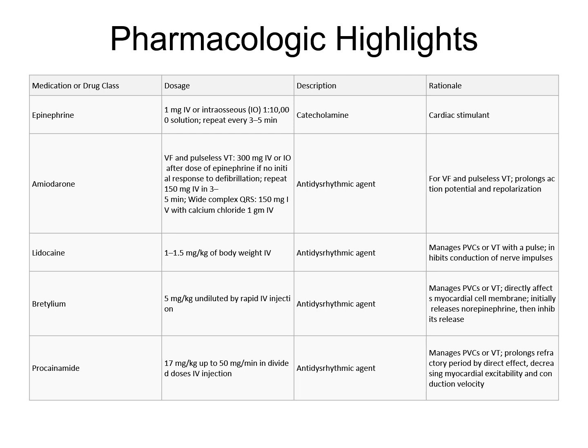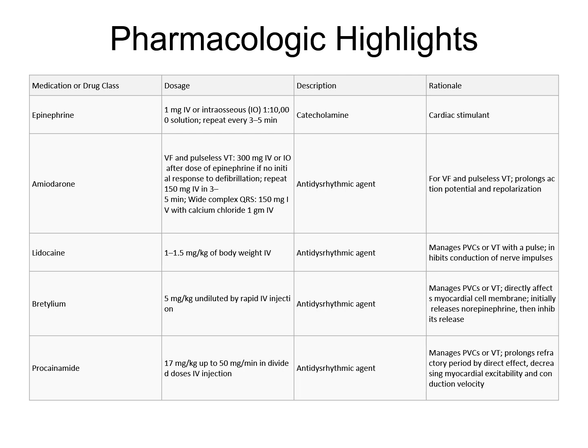If you feel a pulse with V-tach, you do not do CPR unless the patient is in acute distress, and then they would do a cardioversion. So you would give this for V-fib or pulseless V-tach. It prolongs the action potential and helps with repolarization.